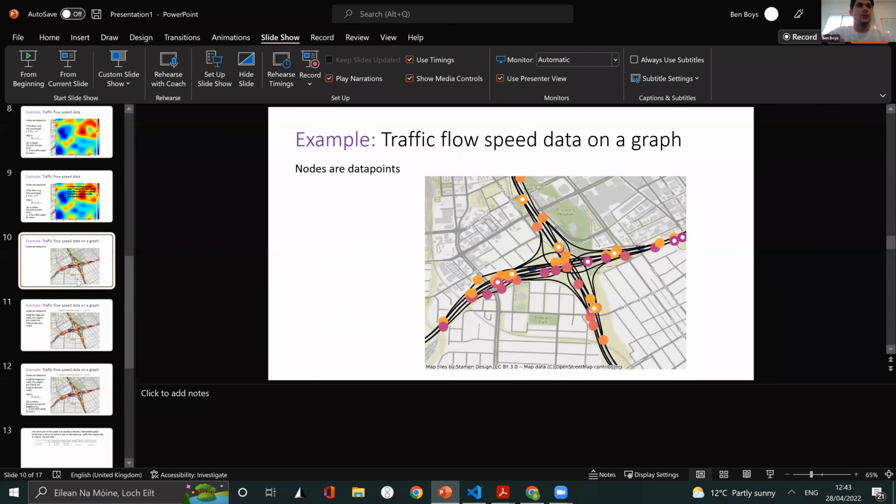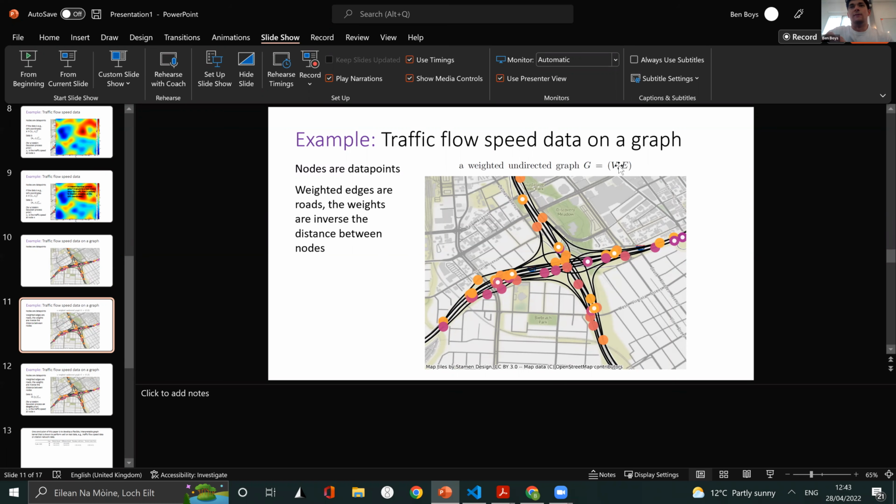So the idea in this paper is that if you know you have this kind of example, you have a graph which has vertices, which is where we measure the traffic flow, and edges, which are the roads. Say we put the weights of the edges as the inverse distance between the measurement locations of the traffic speed.